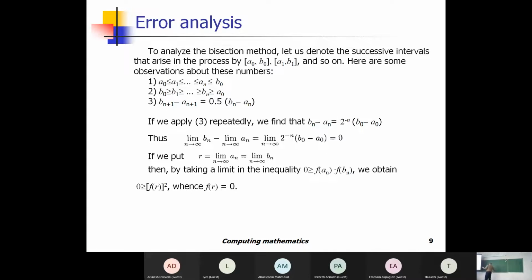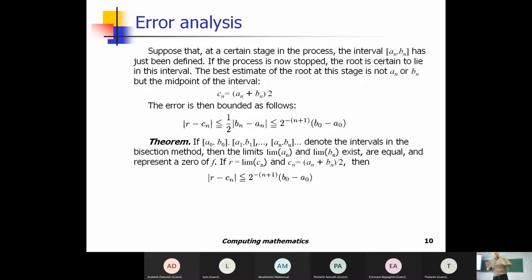And if the limit of this value is 0, I can say that bn and an tend to the root of the equation f of x equals 0. Suppose that at a certain step of the process, the interval number n, an, bn, has just been defined.